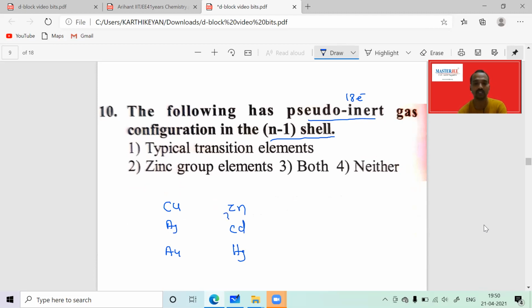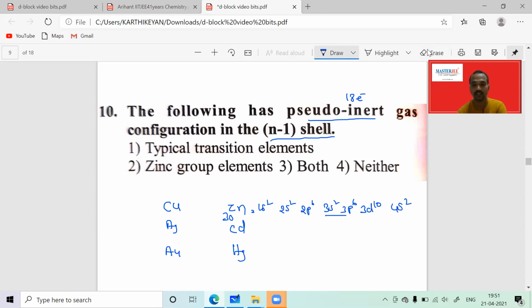For example, take zinc, whose atomic number is 30: 1s2, 2s2 2p6, 3s2 3p6, 3d10 and 4s2.